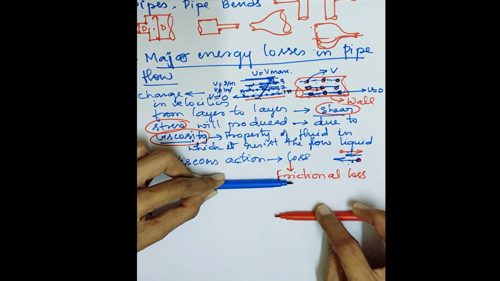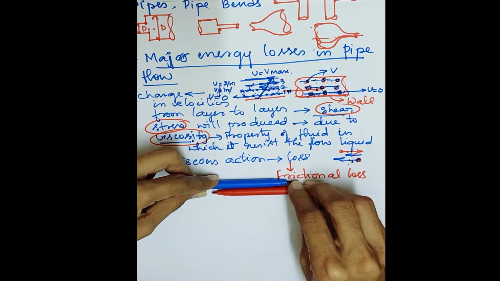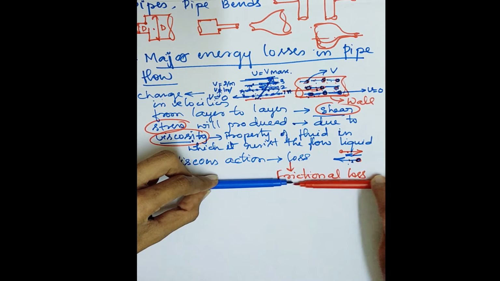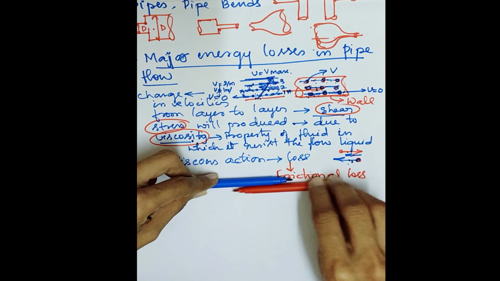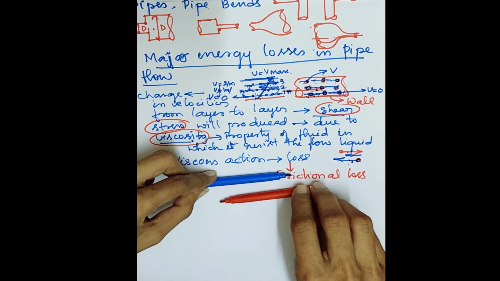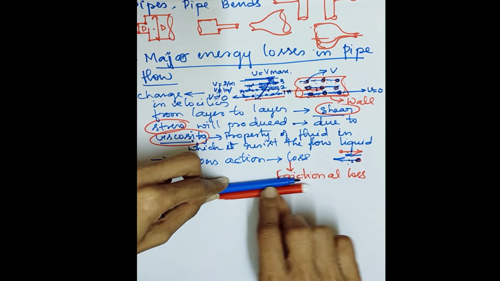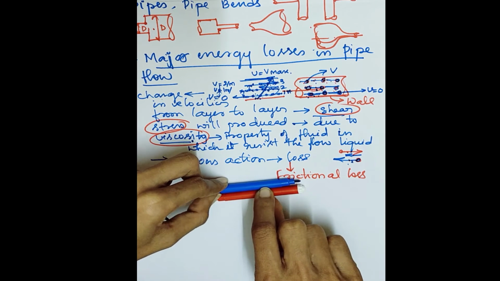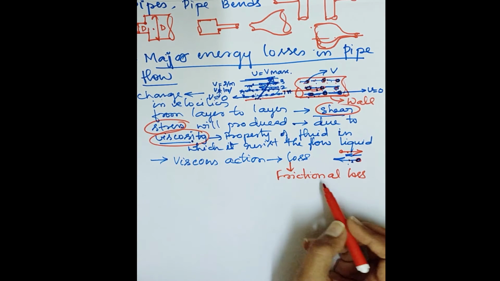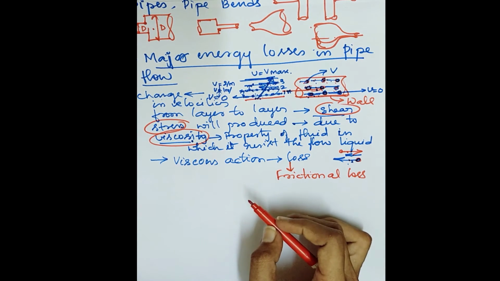This is moving in this direction, and the layer below is trying to resist the movement of this layer. While resisting, friction is going to develop between them. That is called the frictional loss. That is the viscous action.